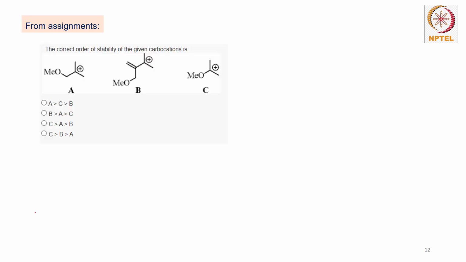So this is a question from the assignment. I will just give 5 seconds. It is also based on resonance and hyperconjugation. We have to consider both the resonance and hyperconjugation. Try to answer this one. Just try to solve.